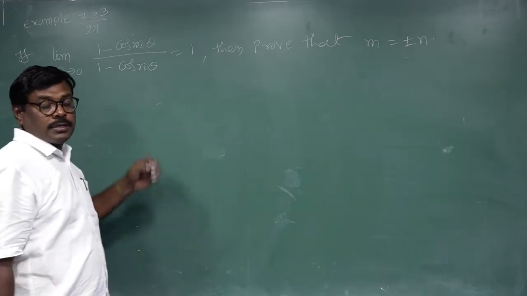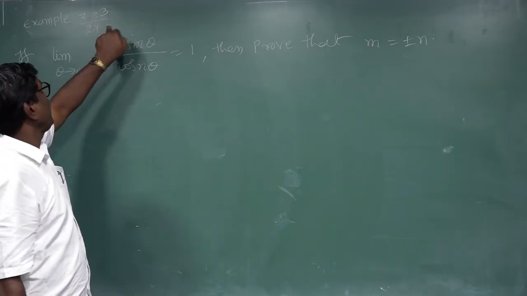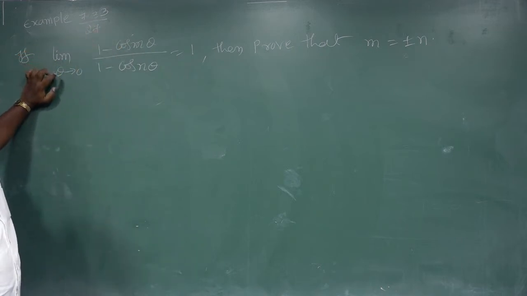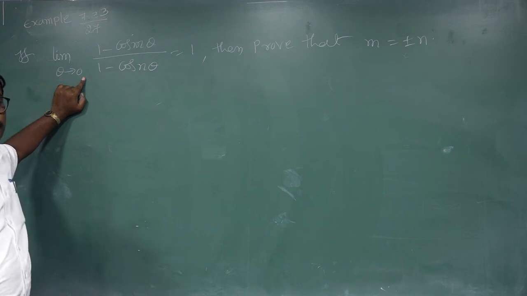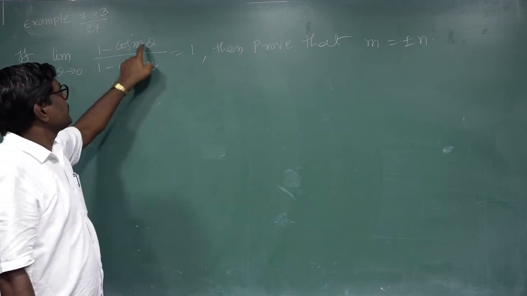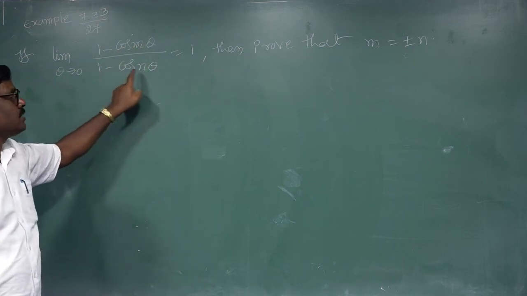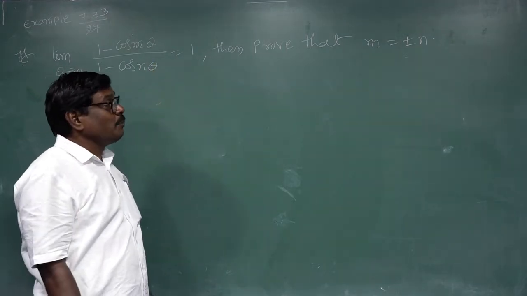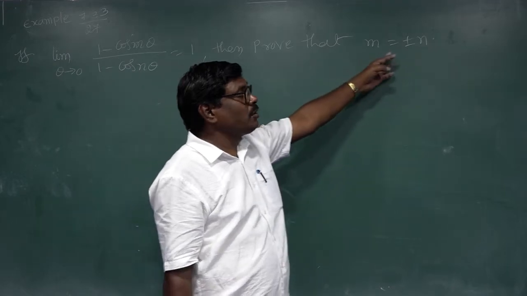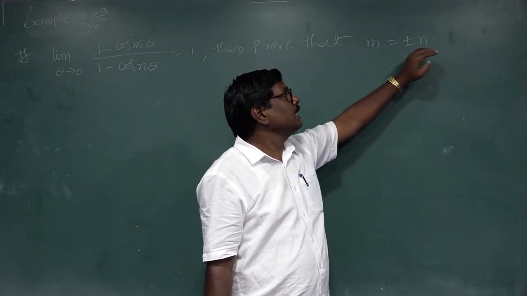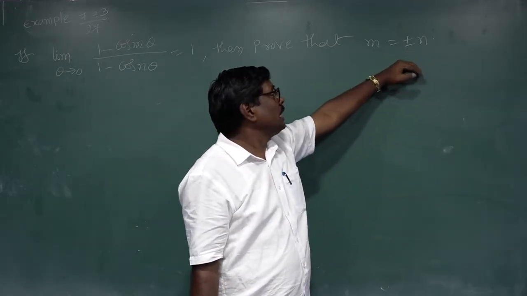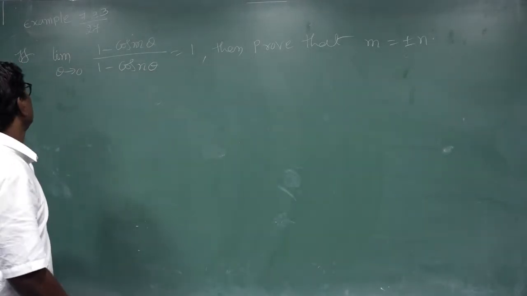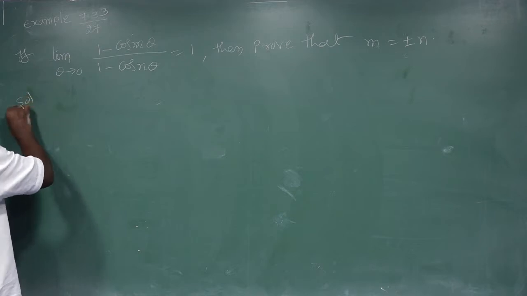Next example, 7.33, page number 27. If limit theta tends to 0, 1 minus cos m theta by 1 minus cos n theta equal to 1, then prove that m is equal to plus or minus n. Now the solution.